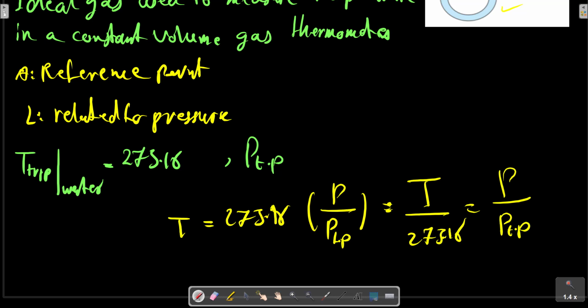In a certain constant volume ideal gas thermometer, we have this relation for temperature and pressure.